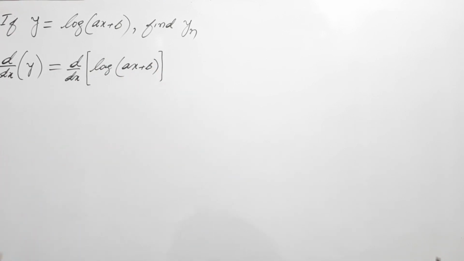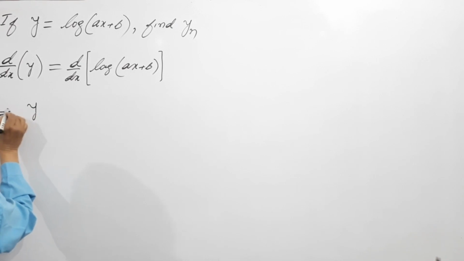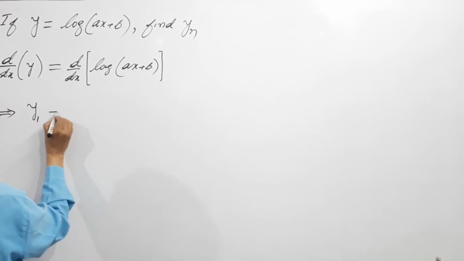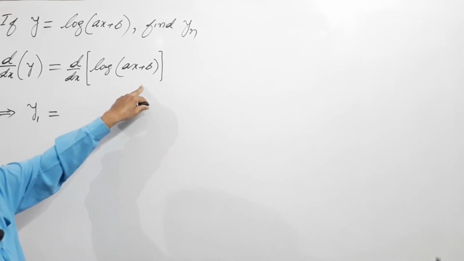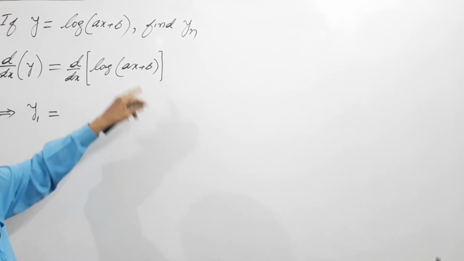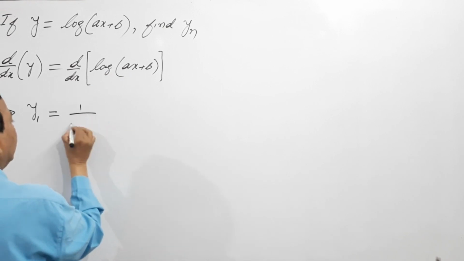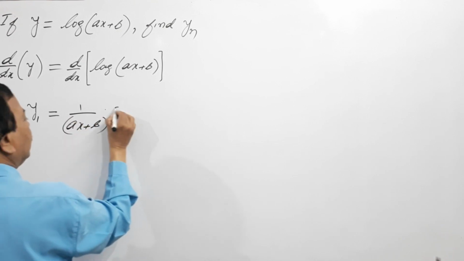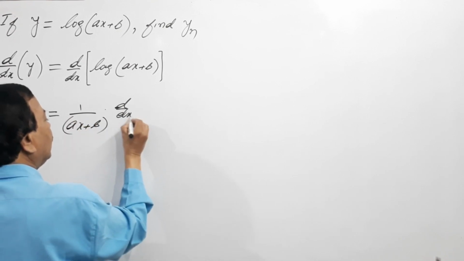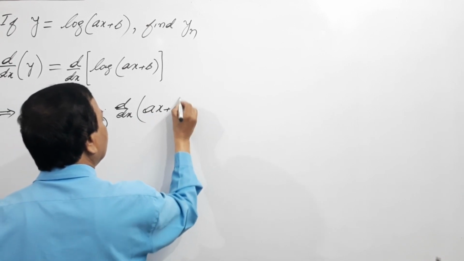What happens to this if you differentiate? y1 equals what? The derivative of log of anything is 1 by whatever is given. Log x gives 1 by x, so log of this is nothing but 1 by ax plus b into d by dx of ax plus b.